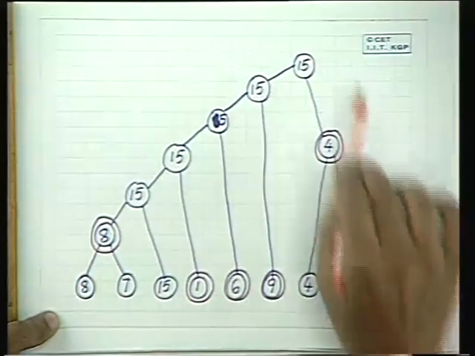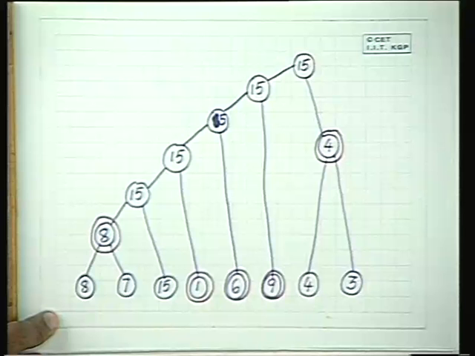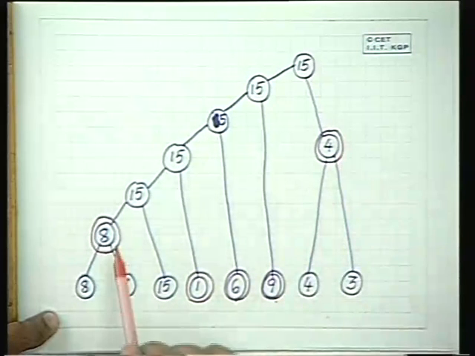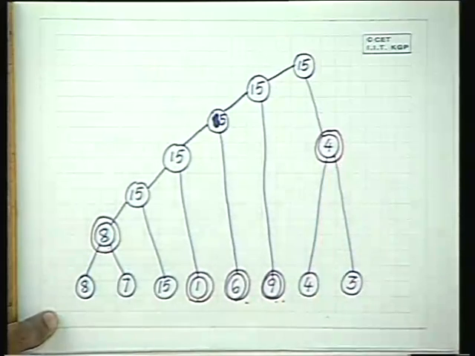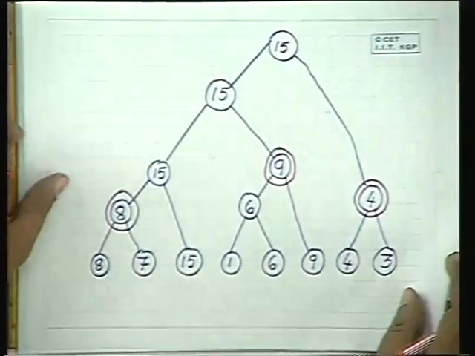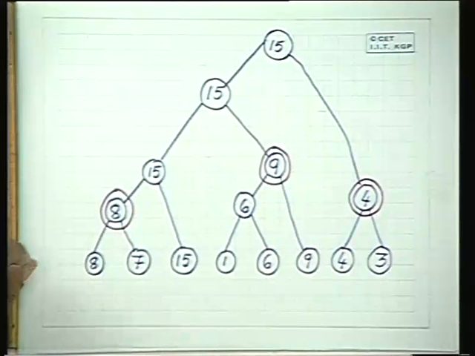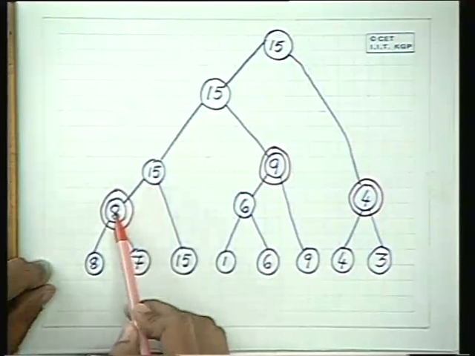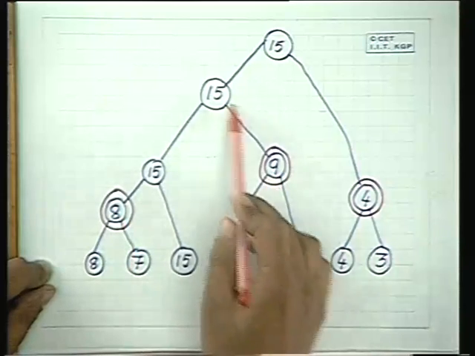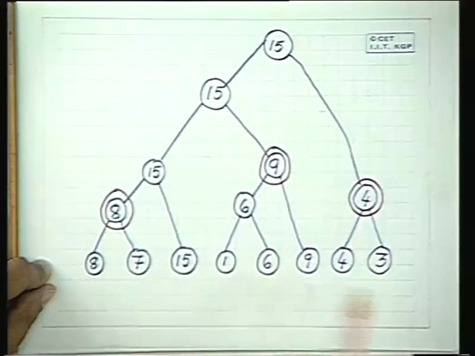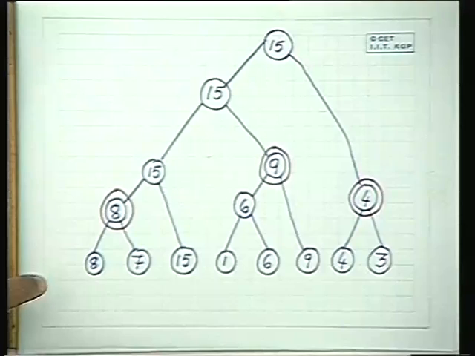If we set up a tournament like this, then these are the elements which are to be compared because they have lost out to the maximum. If it is like this, then only these elements have to be compared. This one, and this one. Leaves, it's not necessary that leaves have to be compared.